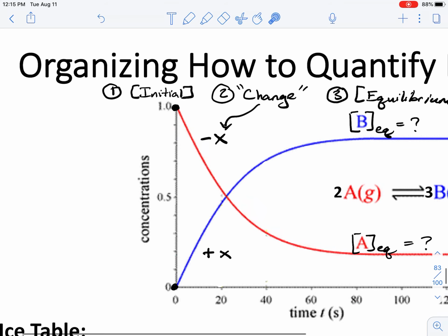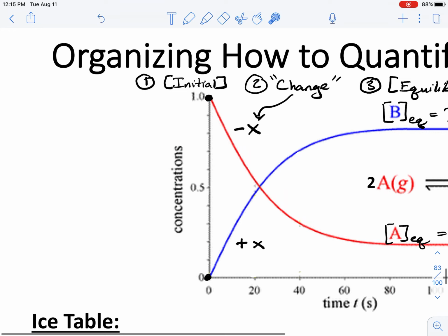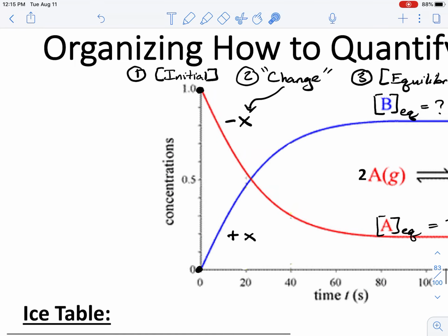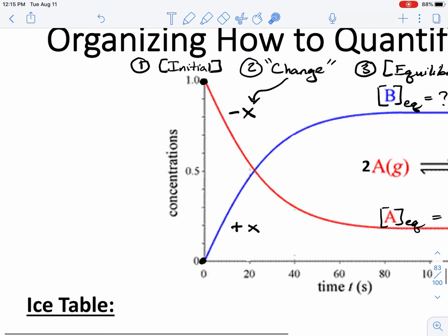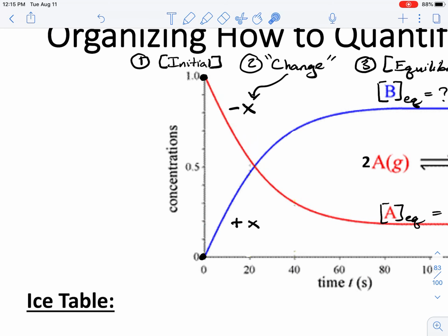Since we're using the initial, change, and equilibrium as the three phases or the three steps in that table to describe the progress of the chemical reaction, we've come to this acronym that's known as an ICE table, where the I in ICE is going to represent the initial concentration. The C in ICE is going to represent the change. And the E in ICE is going to represent the equilibrium concentration.